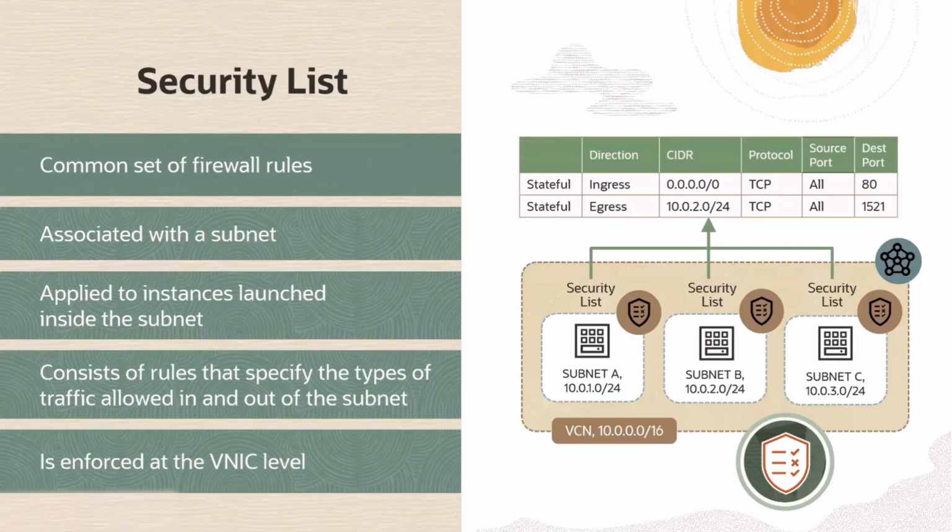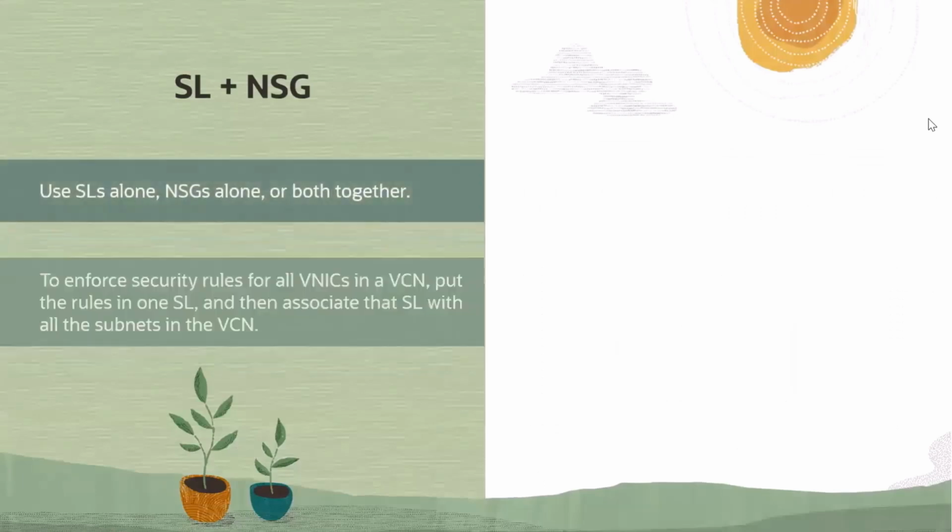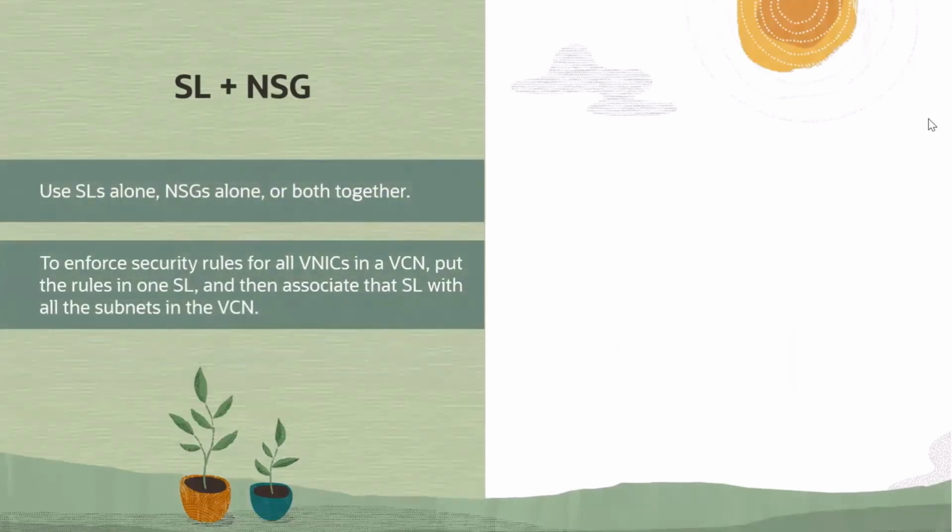And in the security list, you see that there are two rules that have been added. One is egress and the other one is ingress. Both are stateful rules. So when you are configuring security for the VCN, you can use security list alone. You can also use network security group alone, but you can also use both security lists and network security groups.